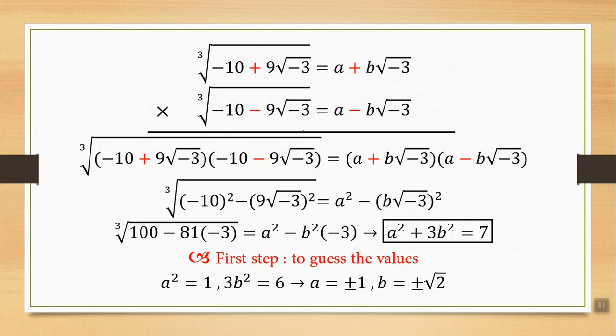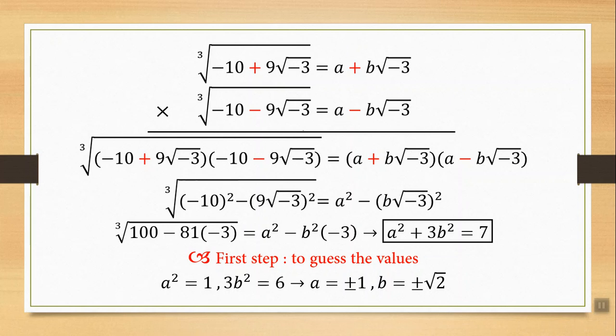First of all, we can rewrite the cube radicals as a function of a and b. We can rewrite our first cube radical, the cube root of negative 10 plus 9 the square root of negative 3 equals a plus b the square root of negative 3.